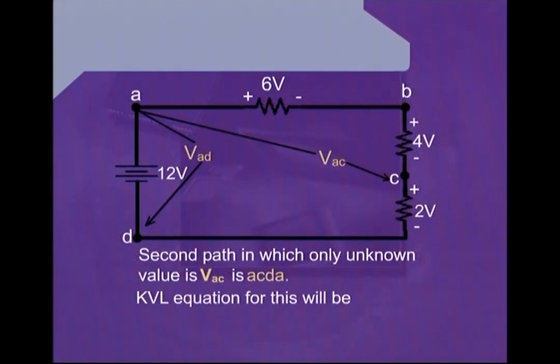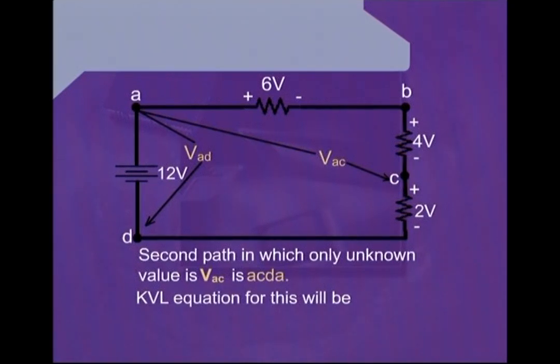Taking second path, which is A, C, D and A, we apply KVL to this loop so that we can write, starting from the point A going towards the point C, we encounter once again the imaginative VAC voltage source.